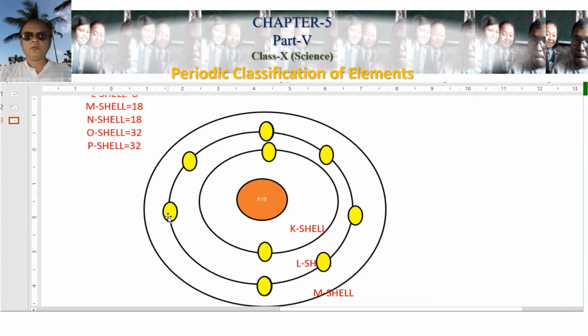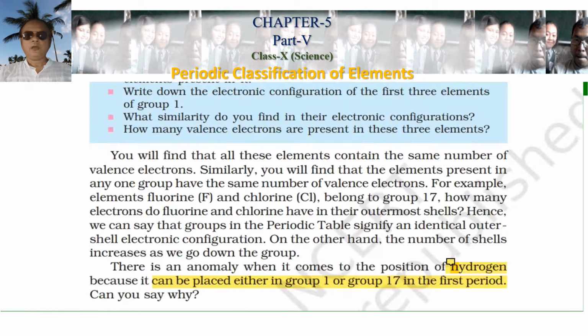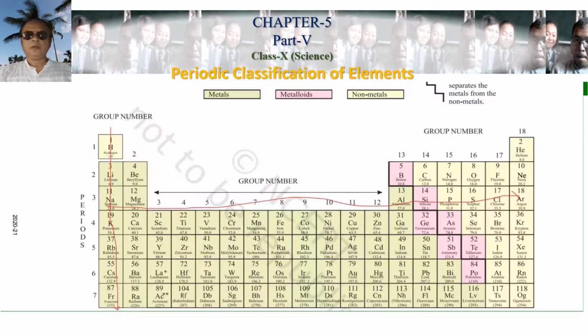So it has 7 electrons in the outermost orbit. So in the periodic table, fluorine, chlorine, bromine, iodine, all these are in group 17.